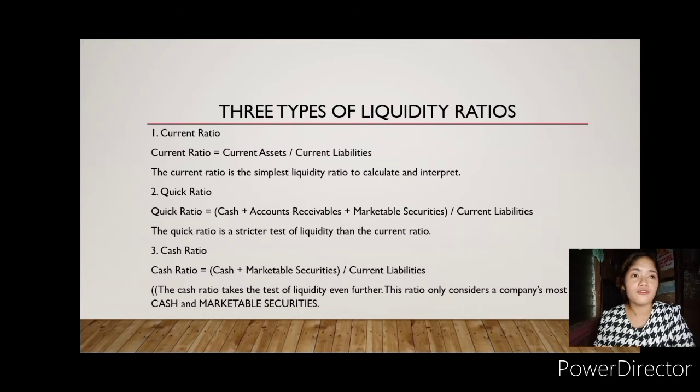For example, a company may have a current ratio of 3.9, a quick ratio of 1.9, and a cash ratio of 0.94. All three may be considered healthy by analysts and investors, depending on the company.